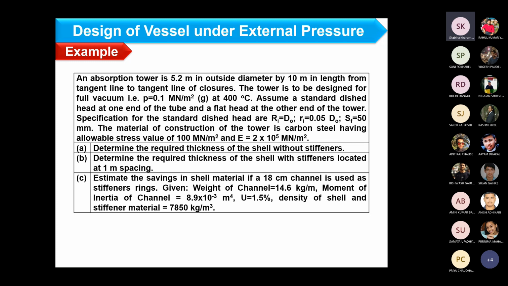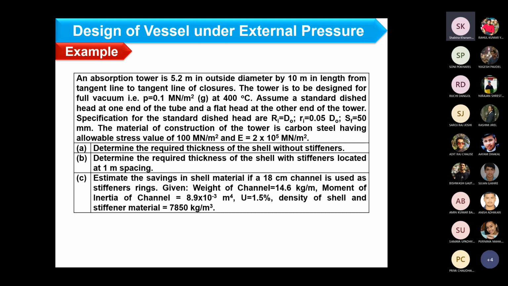Part C is to estimate the saving in shell material if an 18 centimeter channel is used as stiffener rings. This is the standard for the channel, and we need to consider it as the stiffener. Some parameters I already know, such as weight of the channel 14.6 kg per meter, and moment of inertia of the channel is 8.9 into 10 power minus 3 meter 4.